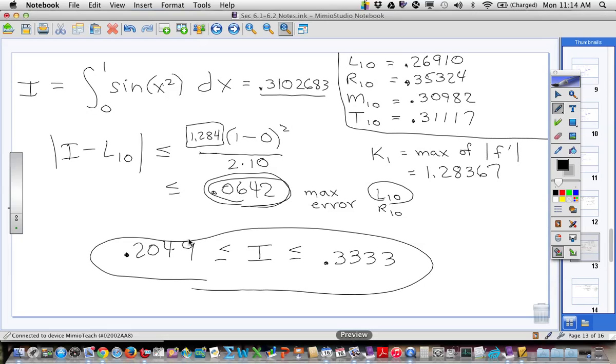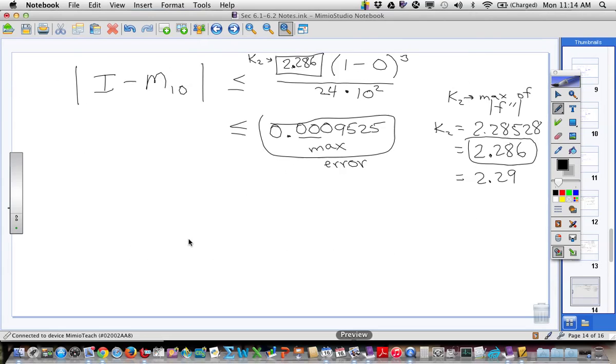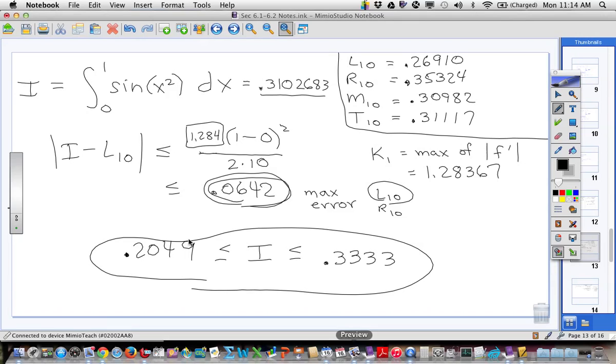This would round to 310, right? So if we round this and we round this, this would be 310, then this does tell us how many decimal places of accuracy we have. How many zeros here is how many digits of accuracy we would have if we were rounding.